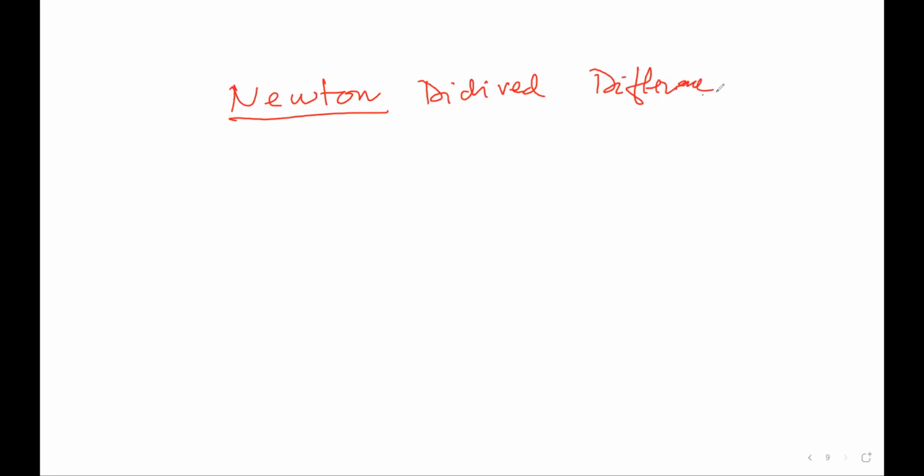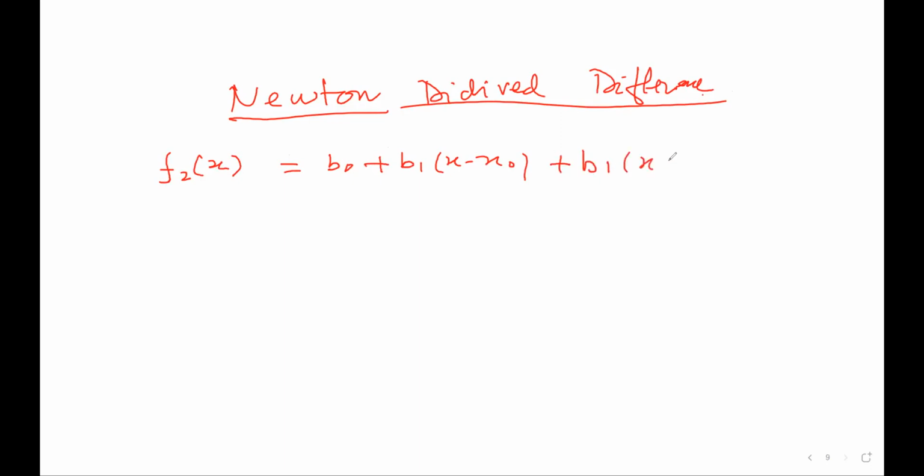Can you remember Newton's polynomial, the interpolation polynomial? Yes, sir. We have discussed a quadratic one, that f2 of x is equal to b0 plus b1 into x minus x0 plus b2 into x minus x0 into x minus x1. Later it has been generalized.